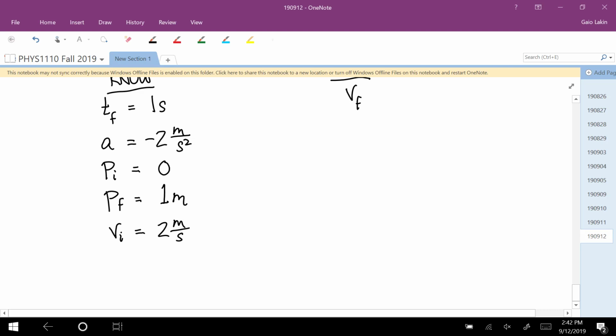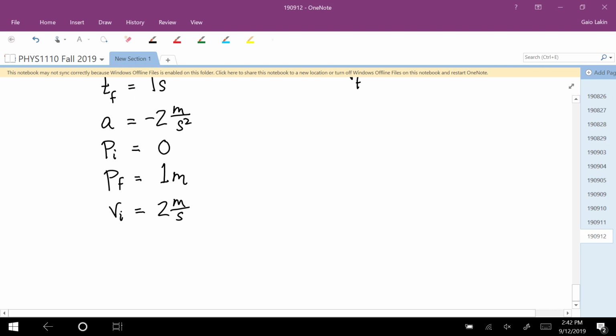Okay, so of those 3 equations, can you find one that has VF in it and everything else in it is known? Well, if we try them in order, the first one works. And that's the one we want to use if possible anyways. V final is equal to V initial plus A times t final.